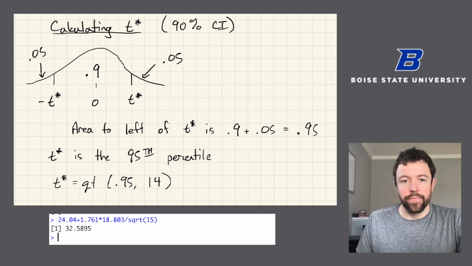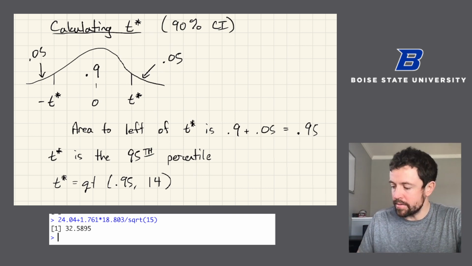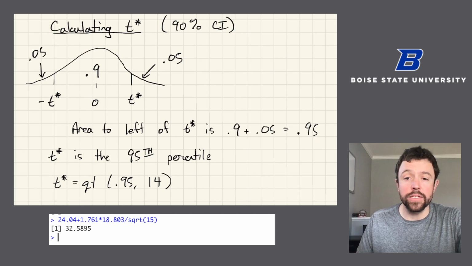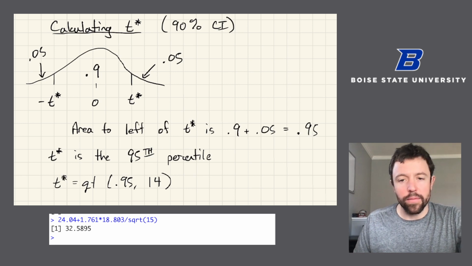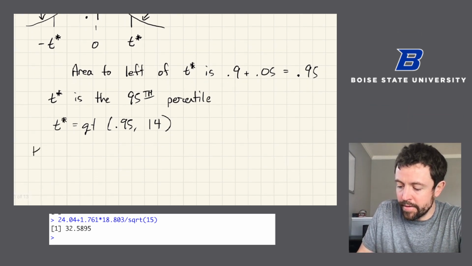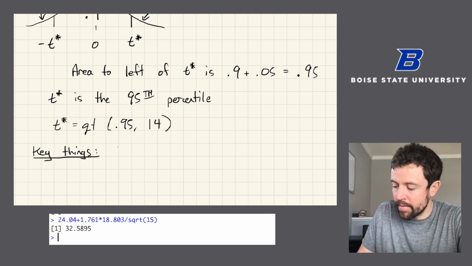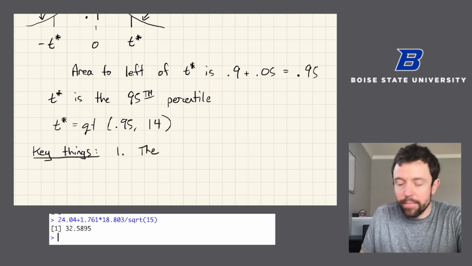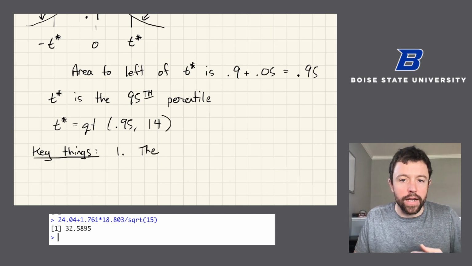Absolutely not. In my mind, there are two ways to look at this. Or sorry, maybe three. One of them is just to draw the picture each time, and that's totally fine. Drawing pictures is great. But if you want a quicker approach, the first thing I'd say is the most important thing is just to remember that it's not 0.9 for a 90% confidence interval.